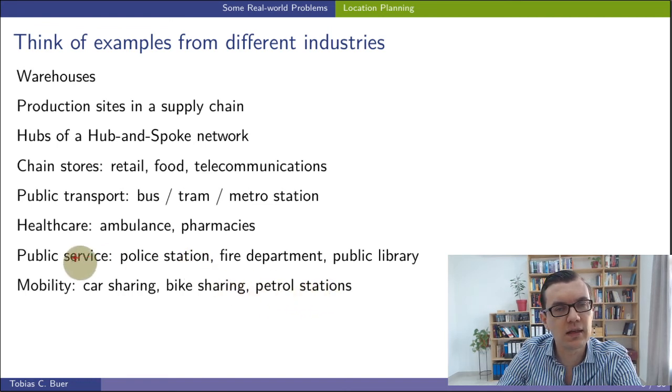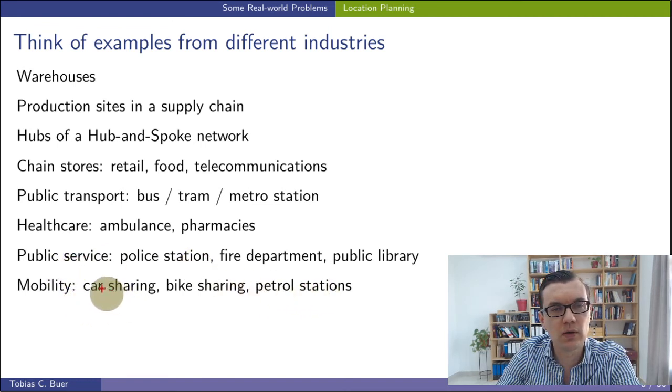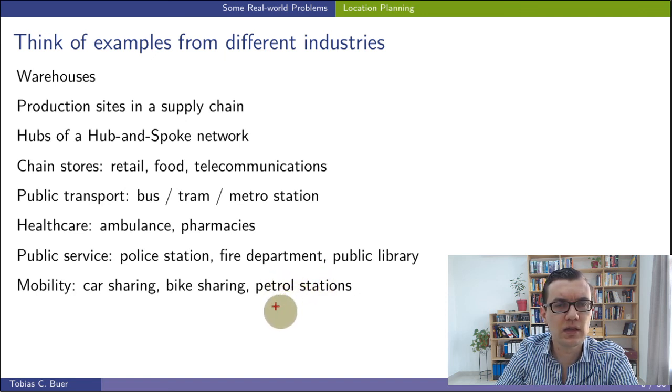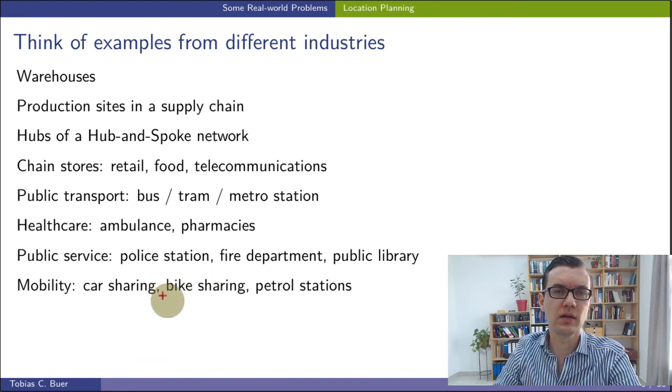And the last example I want to talk about is the mobility sector. On the one hand, where to offer petrol stations along the highways, in the inner cities, etc. But a more recent problem is the car and bike sharing economies.